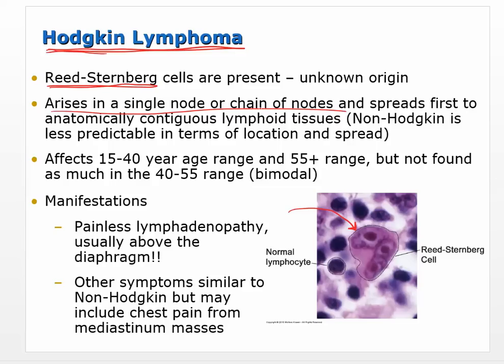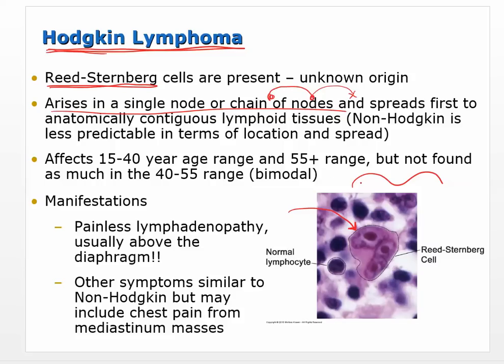So if you found it in one node, and you go to the second and find it there as well, and then you go to the third and it's not there, I don't want to say you can stop looking, but that's essentially what this means: it moves from node to node. And remember, the non-Hodgkin did not. It was not as isolated. It was a lot more widespread. It's also bimodal, by which I mean the curve looks something like that.